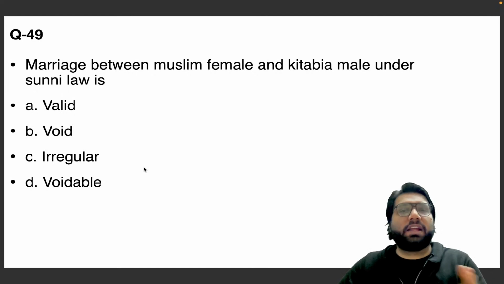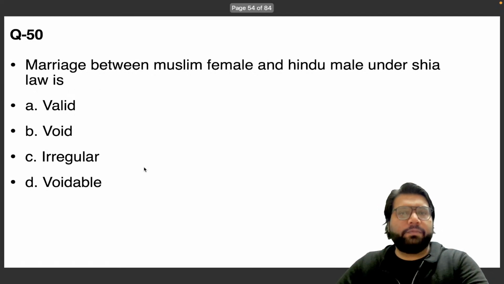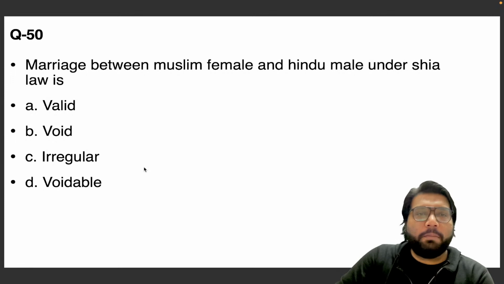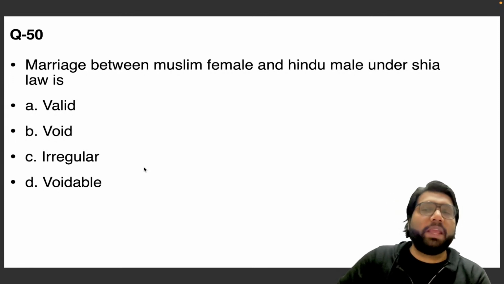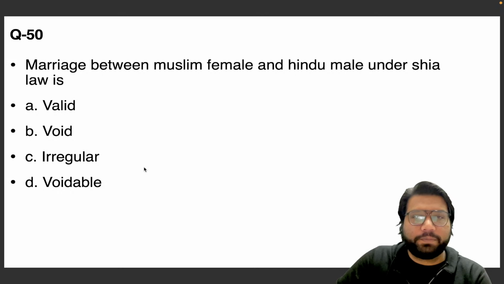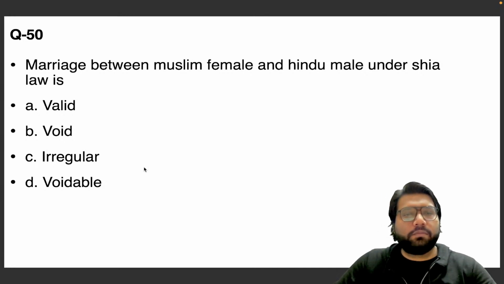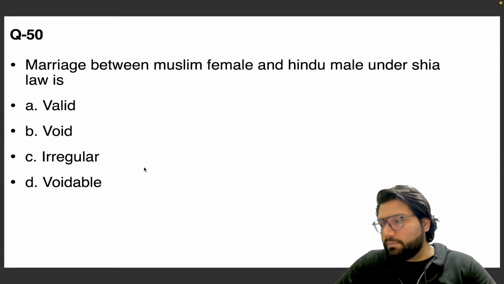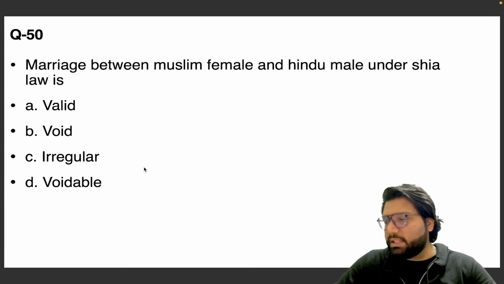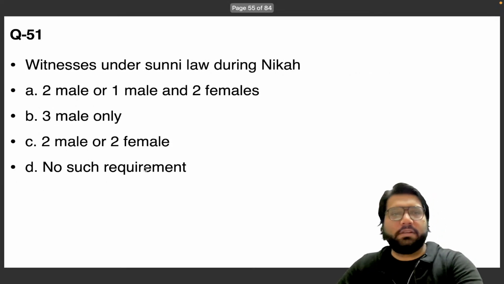B is the correct answer, that is void. Marriage between a Muslim female and a Hindu male under Shia law is? And everyone's answer is correct. Kanika, Natasha, Hina, Vandana. B is the correct answer.